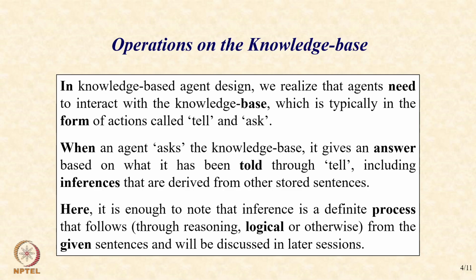But at this point, it is sufficient to know that inference is an important element of this whole process of agents which are going to work only through the knowledge base. They will have to tell the knowledge base some new knowledge which has been generated through percepts, and then if they have to take an action for a given percept, they will ask the knowledge base to please provide that information.